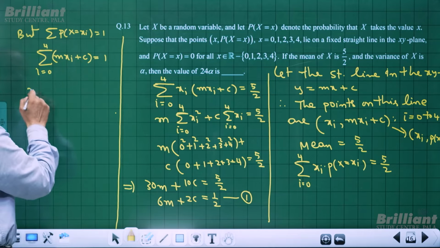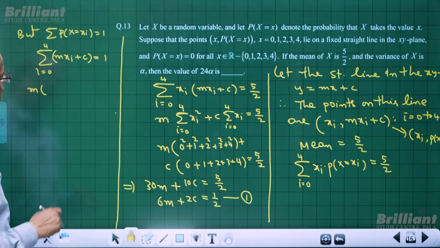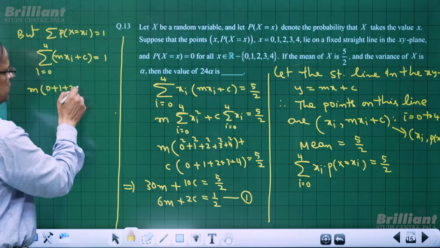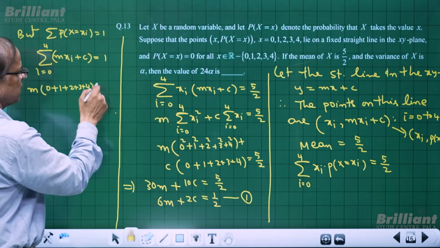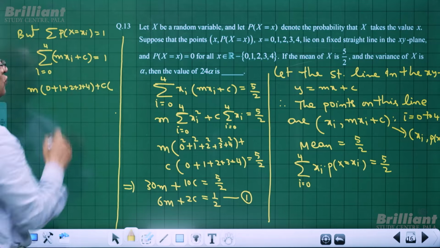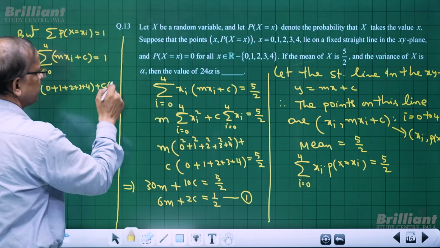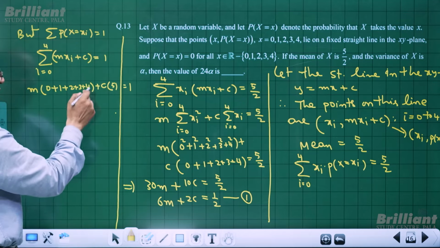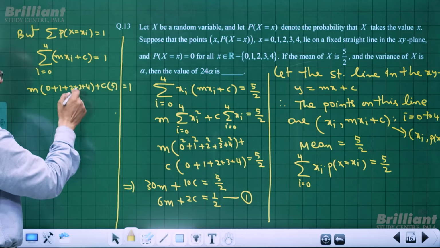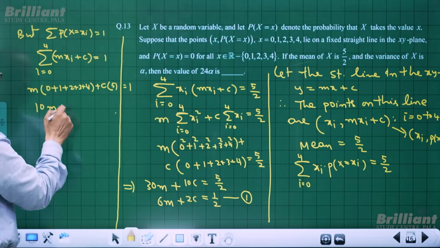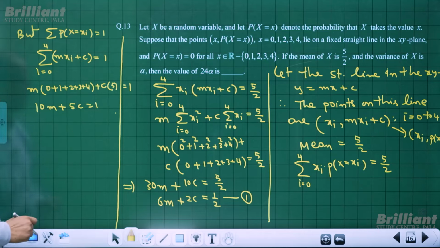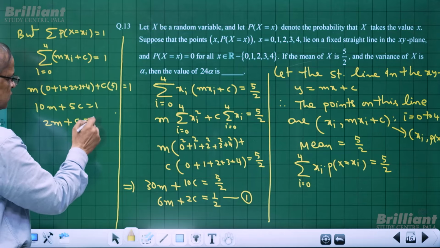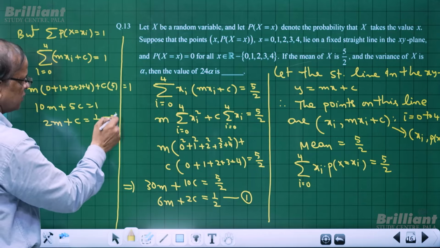Now m into sigma xi, that is 0 plus 1 plus 2 plus 3 plus 4, plus c into 5, since 0 to 4 is 5 values, is equal to 1. So 10m plus 5c is equal to 1. Cancel 5, and we get 2m plus c is equal to 1 by 5, equation number 2.